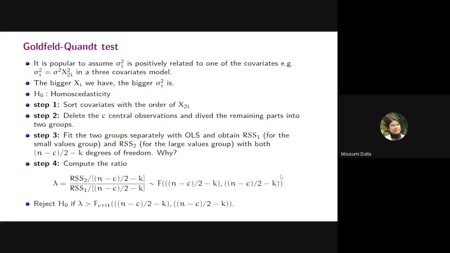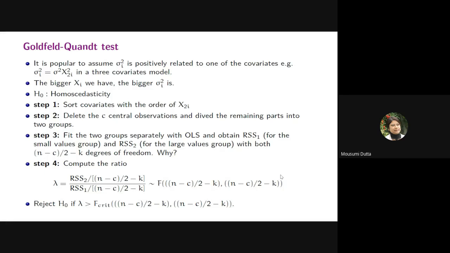For example, suppose I keep 1 to 30, then I delete 20 observations, and then I start from 60. So there is a gap between 30 and 60. First I am ordering the observations and then deleting C central observations.